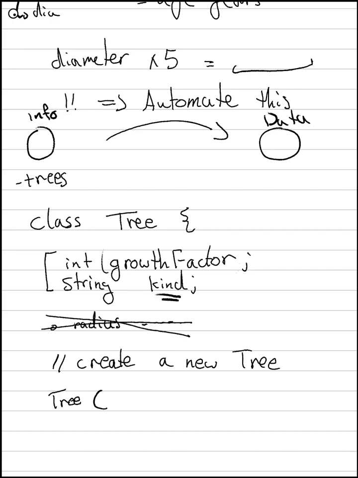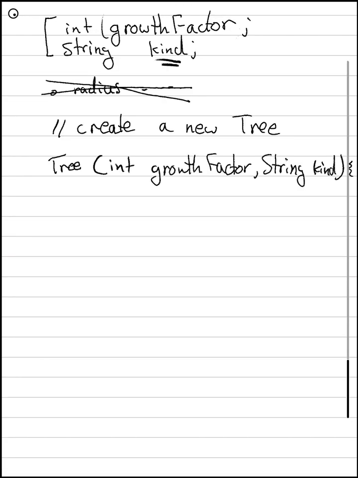All right. What should it take? It will take the int growth factor and then string kind. String kind. Yes, exactly. All right. What should I have in there? this.kind gets kind.